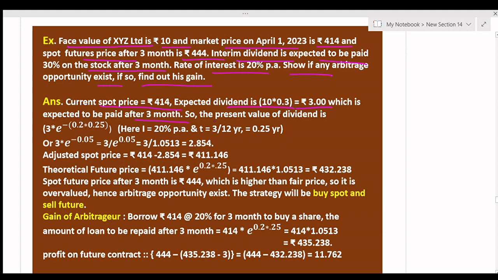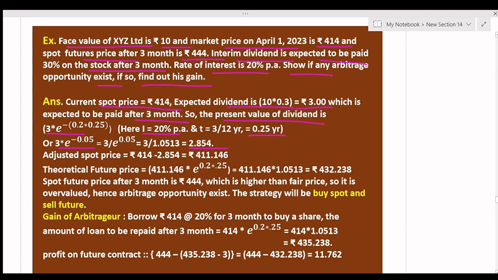So the present value of dividend is 3 into e to the power minus RT. Here R is equal to 20% and T is equal to 0.25 year. That is equal to 3 into e to the power minus 0.05, that is equal to rupees 2.854.